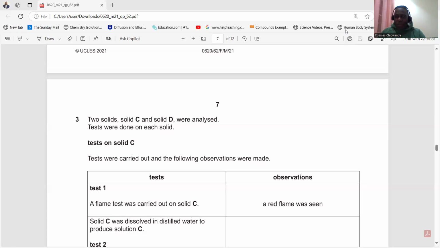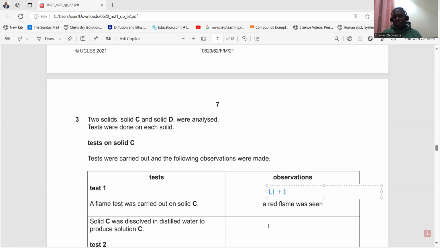As long as you remember your flame test, then you will be fine. The moment you are told that a red flame was seen, all we are saying is that the ion present is lithium +1. That is what that observation means.